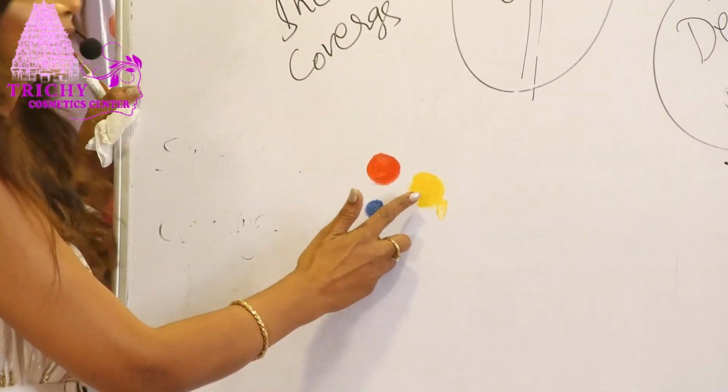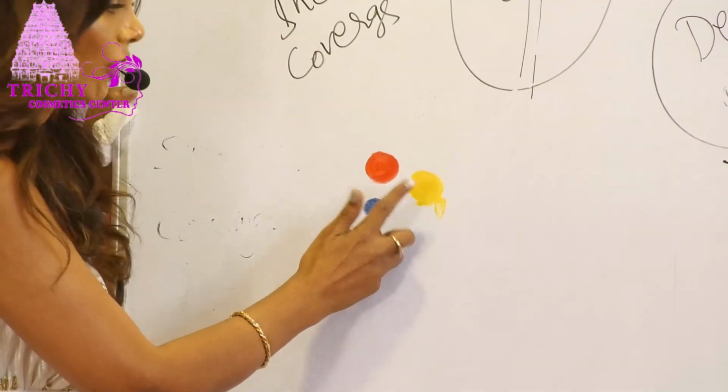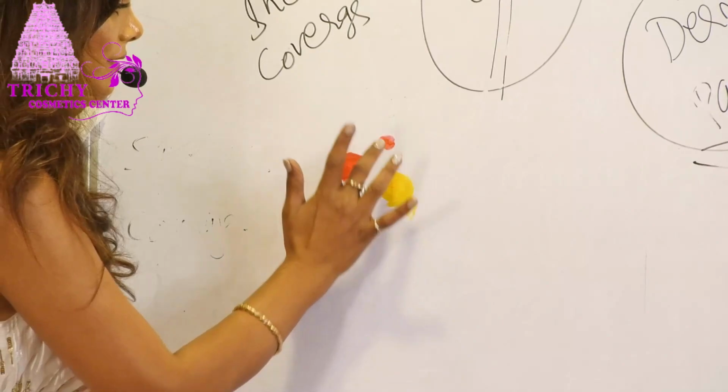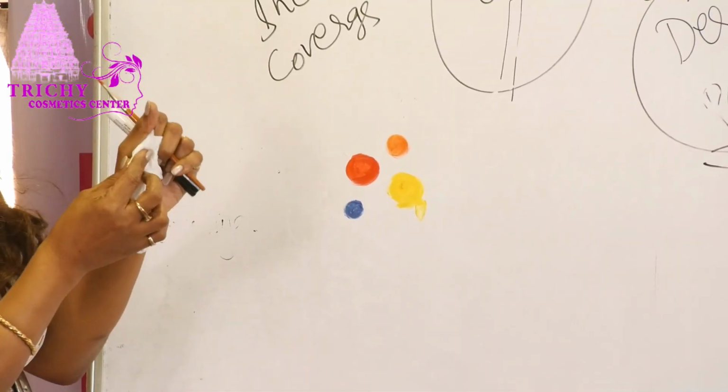Red and yellow. Which color it makes? Orange.